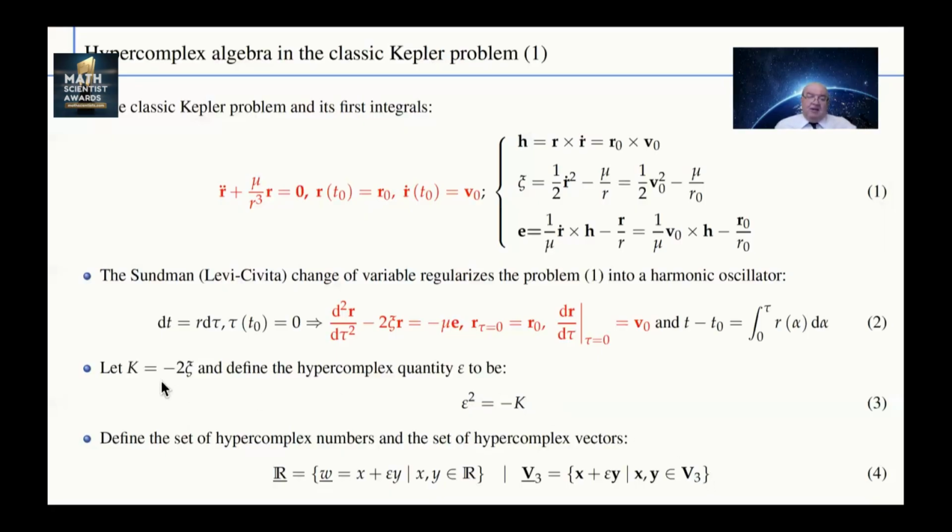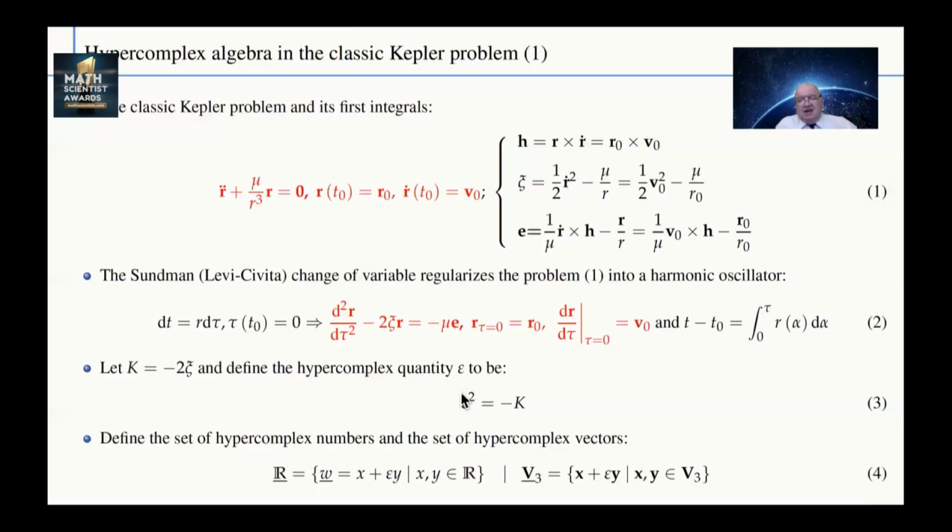For elliptical motion, one obtains the hyperbolic number. For parabolic trajectory, one obtains the dual number. And for hyperbolic trajectory, one obtains the complex number.